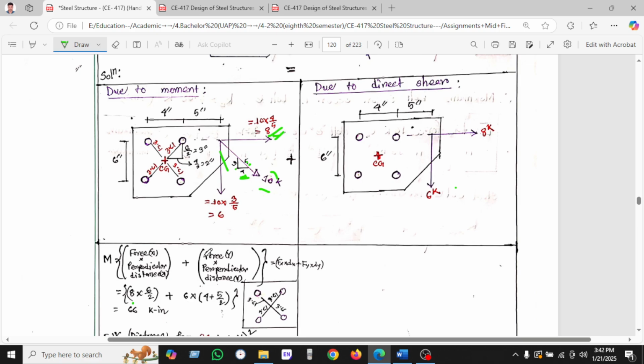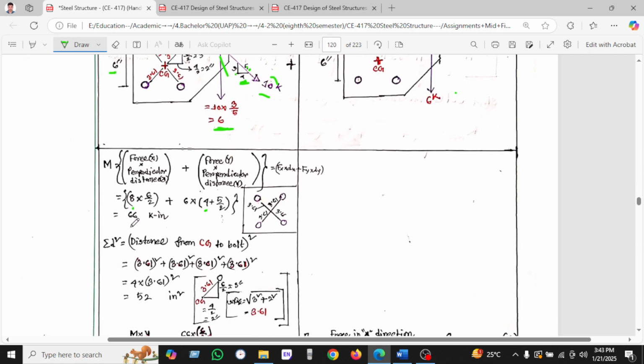And vertically we have been taking the force as 6, and the distance will be 4, and 5 by 2 is another distance, and found 66 kip-inch.